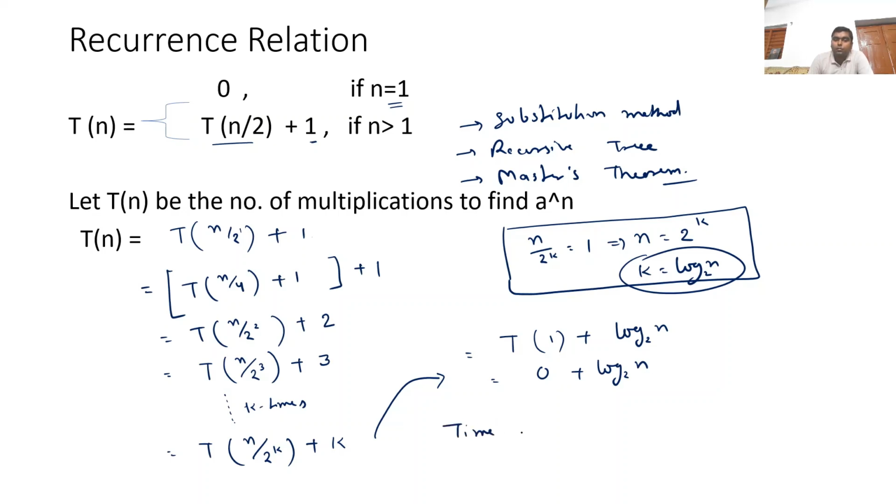So the time complexity to calculate the power of an element using the divide and conquer strategy is going to be order of log n.